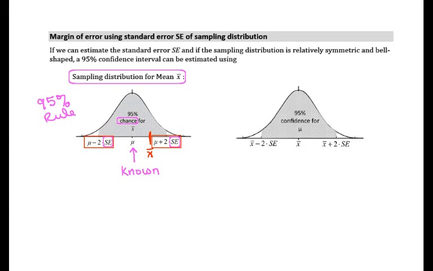What we do in this second graph is we flip this around because we don't know mu. So in the second graph, we're assuming that mu is unknown, and all we can do is center the graph on our best estimate, which is x bar. So x bar certainly is known. This is a sample mean.